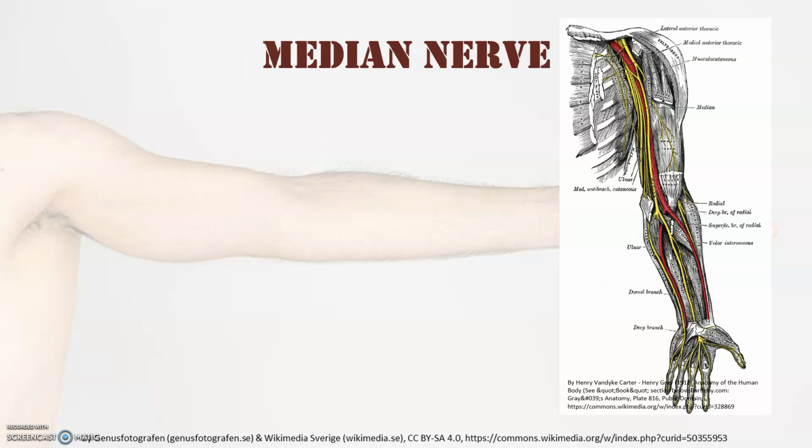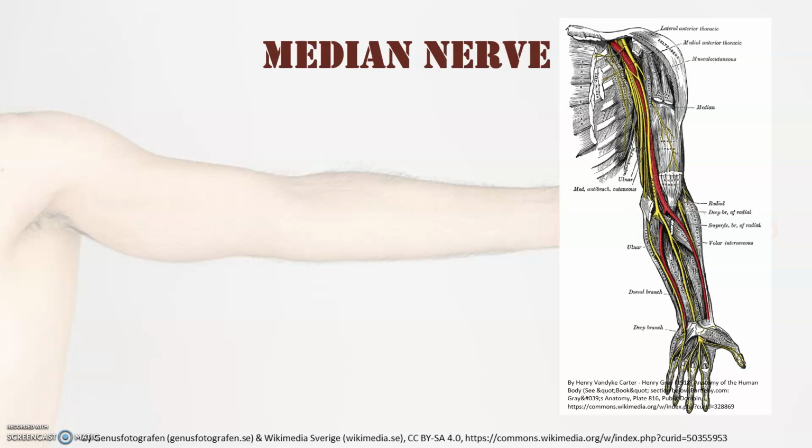It crosses the antecubital fossa, lies deep to the bicipital aponeurosis, and then emerges from it to run between the superficial and the intermediate layers of the forearm flexors. That is to say, between flexor digitorum superficialis and flexor digitorum profundus.